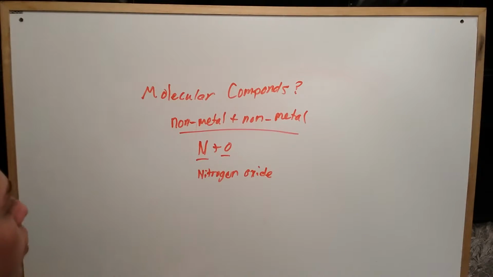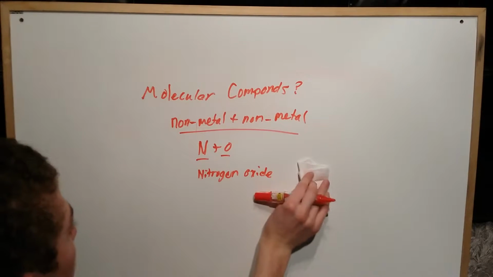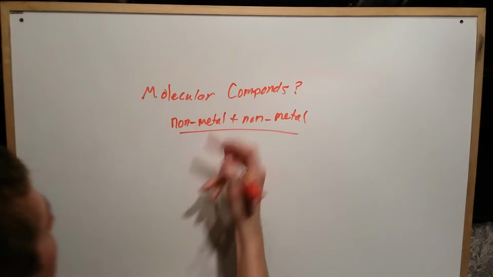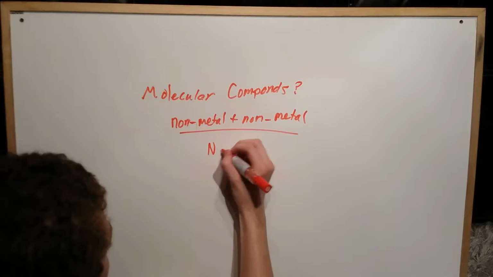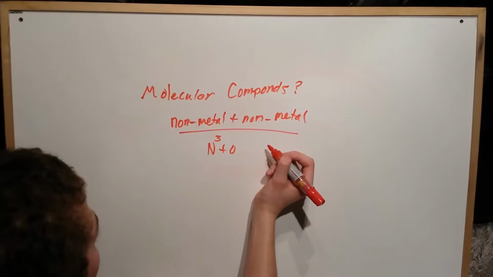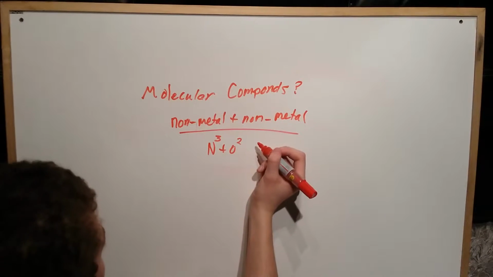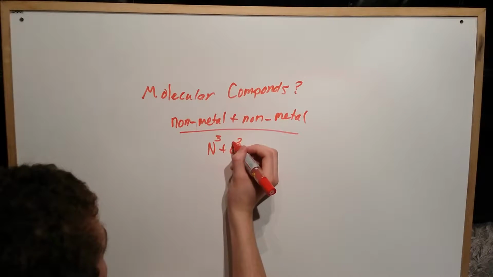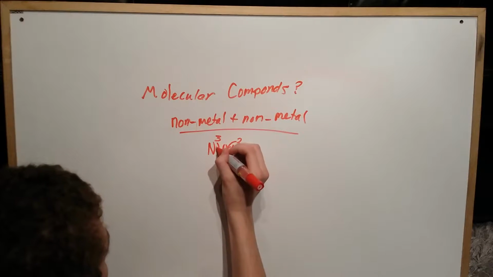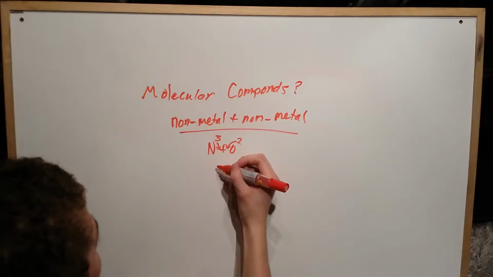Now, also, each chemical has a charge. So in this case, nitrogen oxide, nitrogen has a charge of 3. Oxygen has a charge of 2. So you want to keep these charges to their own element.